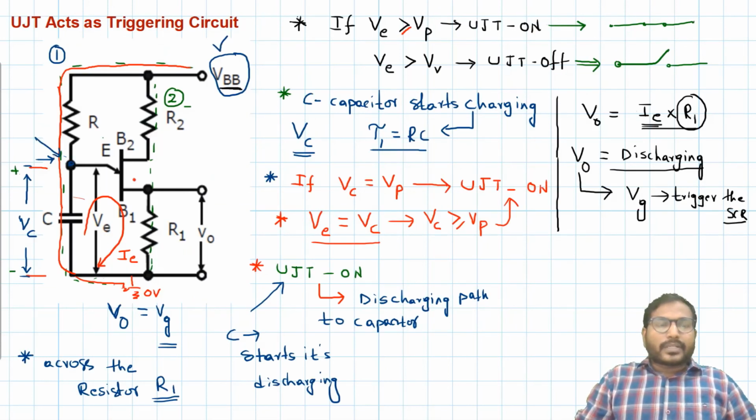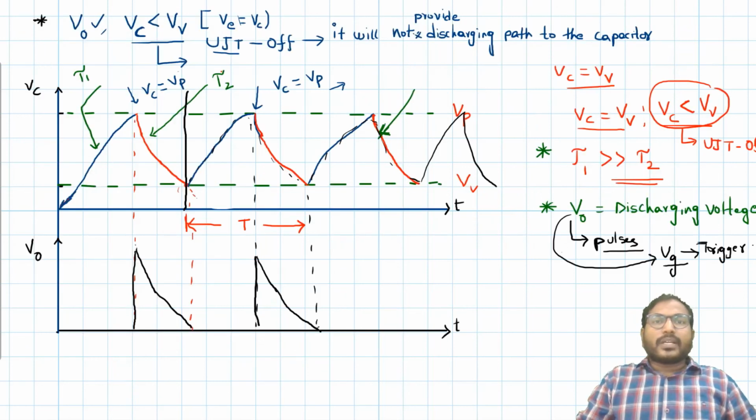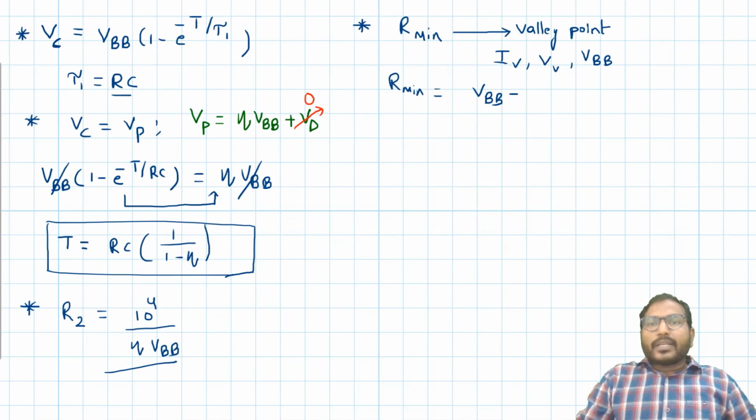This is the emitter point, VE or VC. When the UJT is operating at the peak point, VE is equal to VP. When the UJT is operating at the valley point, VE or VC is equal to VV, the valley point voltage. So R minimum is VBB minus the valley point voltage, divided by IV, the current at the valley point.